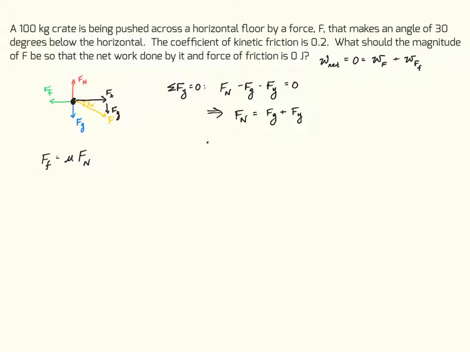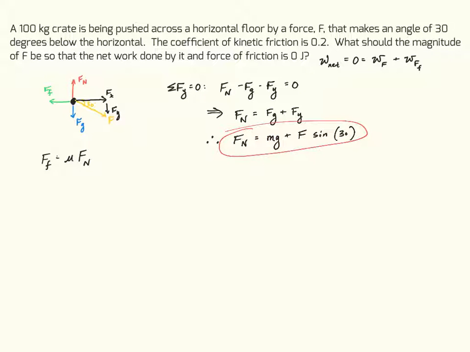And now I'm going to extend this out and actually write an expression. Fn is equal to mass times gravity plus F sine of 30. Okay, we need to keep this expression for normal force in mind.